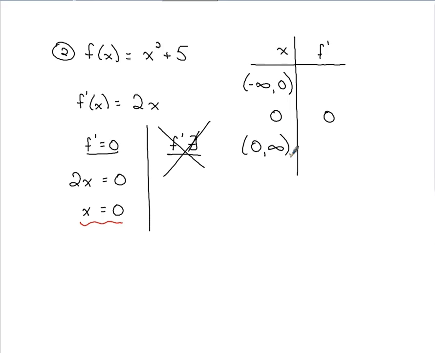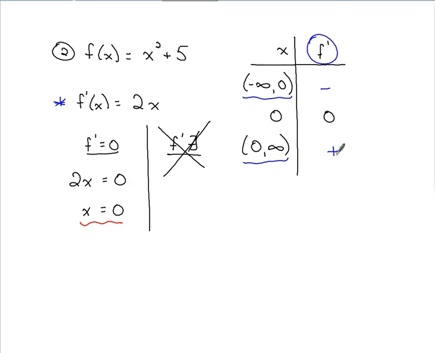Okay, it's now number picking time. We pick numbers on each of these intervals, plug into the derivative right here, and see what kind of answers we get back. Take any number that is less than 0, so a negative number, and plug it in over here. What kind of answer do you get back? Negative. It's a positive times a negative, so it's negative. For the positive side, any positive number goes in here, and we get a positive result, right?